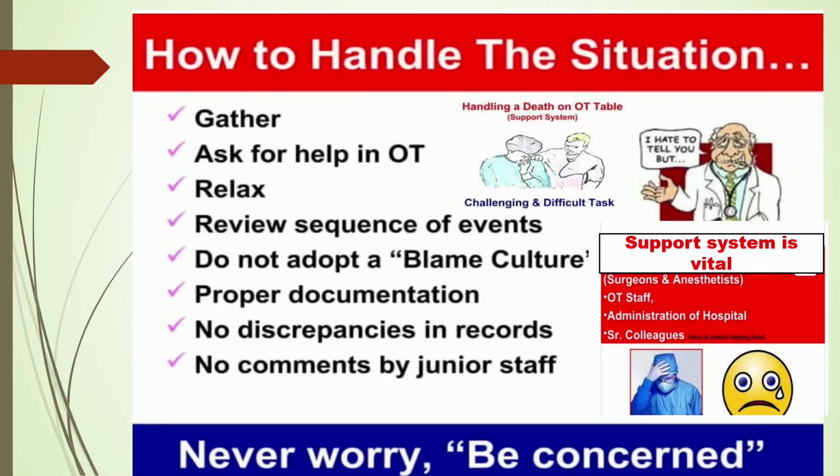So we must handle this situation with a proper support system, and the support system is very vital. Surgeon, anesthetist, our friends, OT staff, administration of the hospital, and senior colleagues are the main support system.